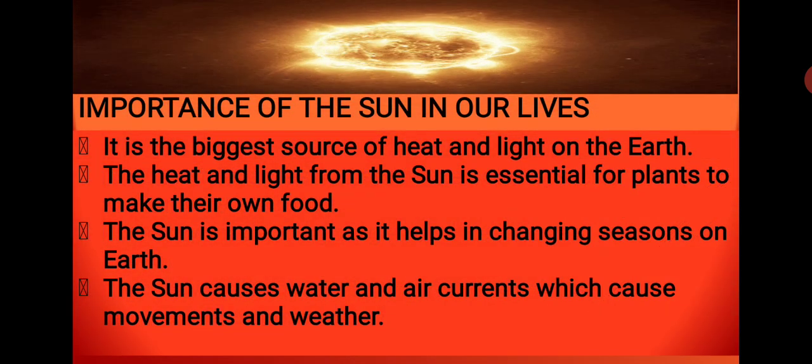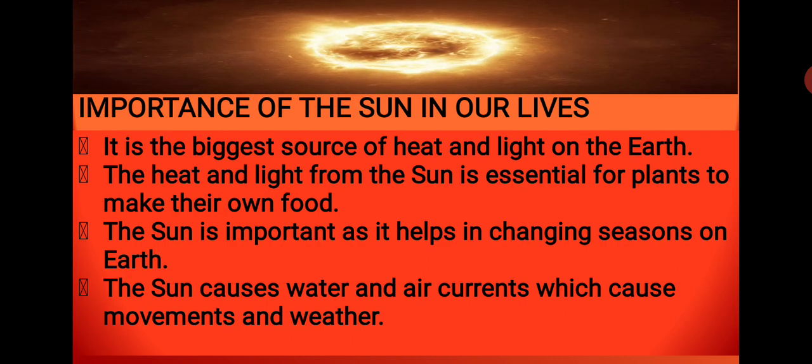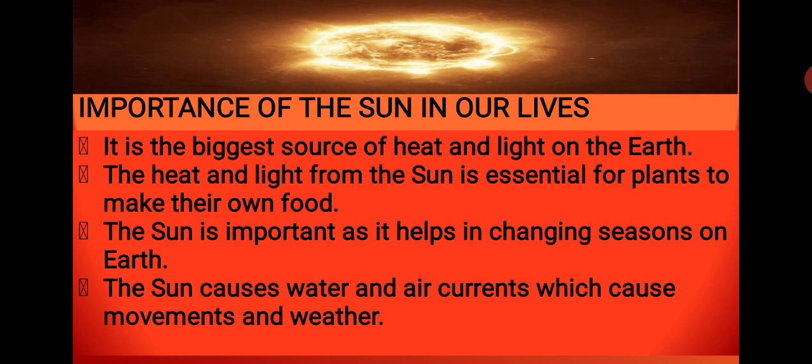Now, the importance of the sun in our lives. Children, the sun plays a very important role in our lives. It is the biggest source of heat and light on the earth. The heat and light from the sun is essential for plants to make their own food.